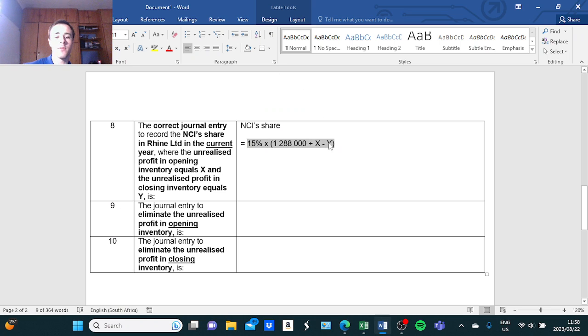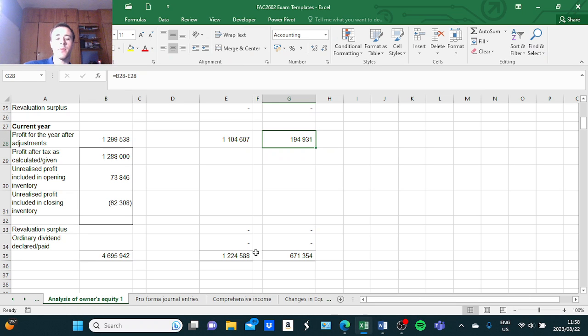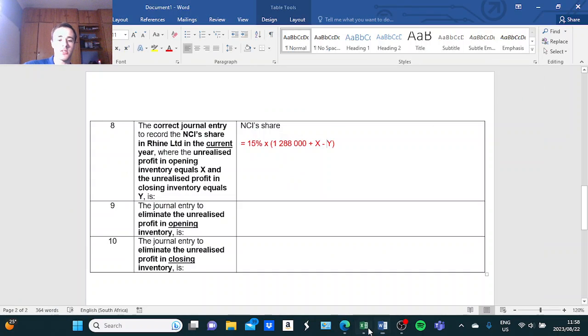So you can confirm the correctness of this amount right here, or the formula here. Okay, this is the formula that you will use to calculate the NCI share in Ryan Limited for the current year. And there has not been any revaluation surplus in the current year that we need to take into account.